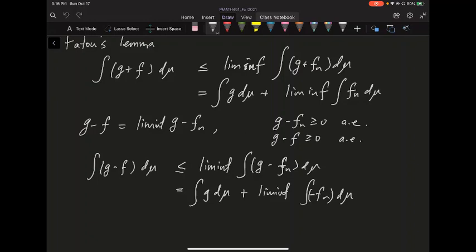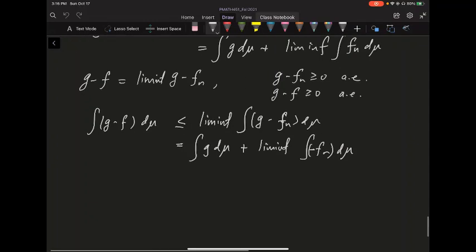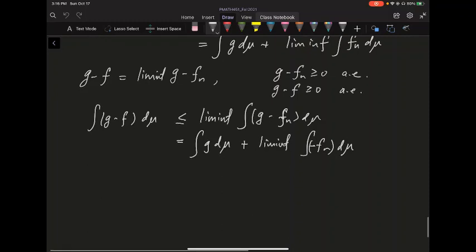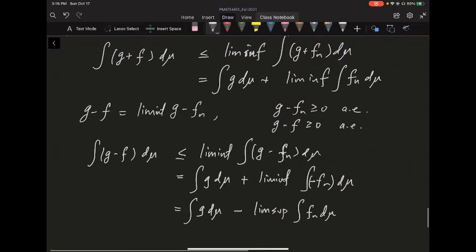When you move the negative outside of a lim inf, the inf becomes a supremum. So this is really the integral of g d mu minus the lim sup of the integral of Fn d mu.